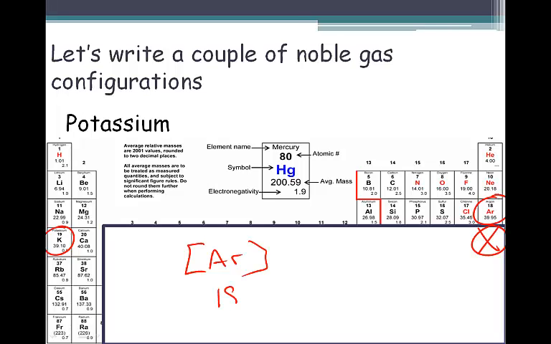Argon takes care of 18 electrons. Potassium has 19 electrons, so we only need to find a home for one more. Argon's at the end of energy level 3, so the next thing we fill is 4s. And that 4s allows for 1 electron.